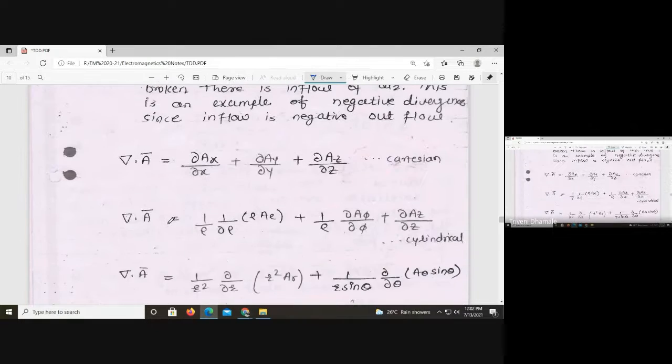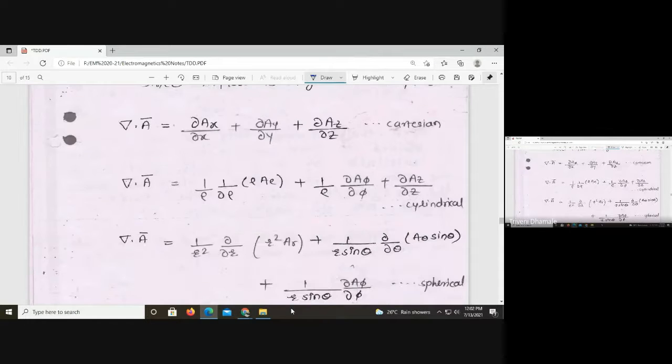So, now what are the formulas for this divergence of A bar?